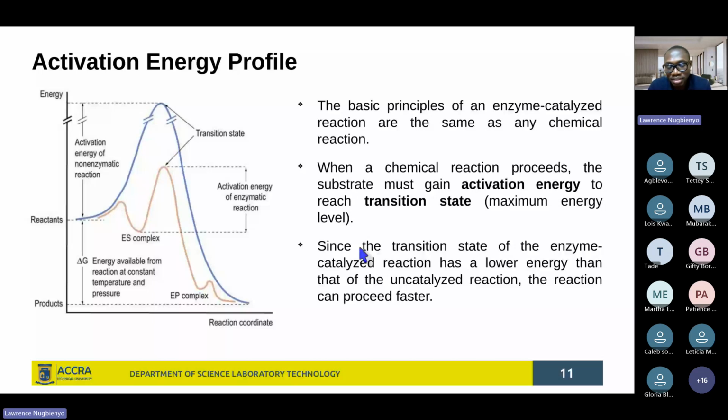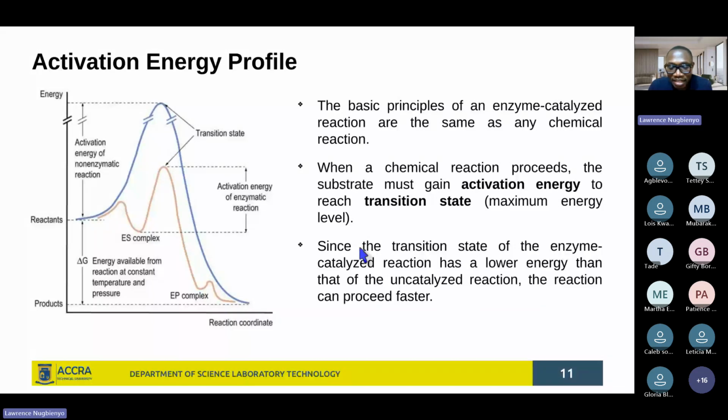Now, that happens also at the molecular level: you have molecules that are at a stable energy level. Molecules that are reacting originally exist at a stable energy level.